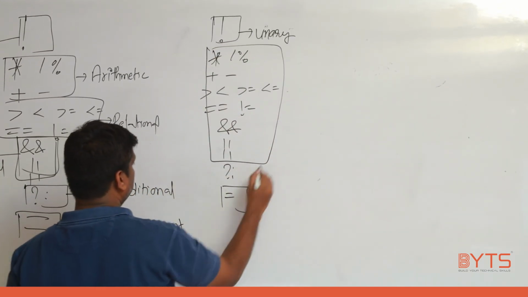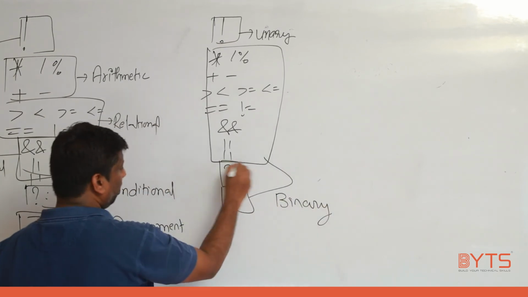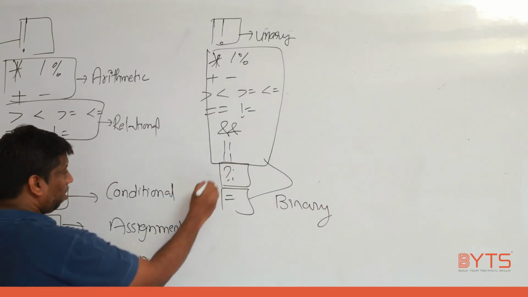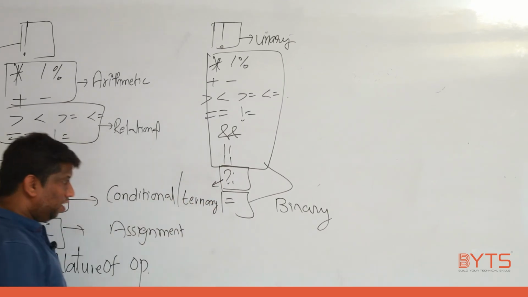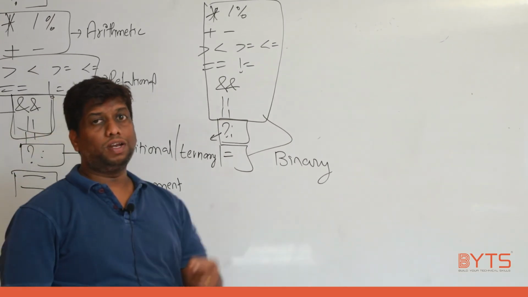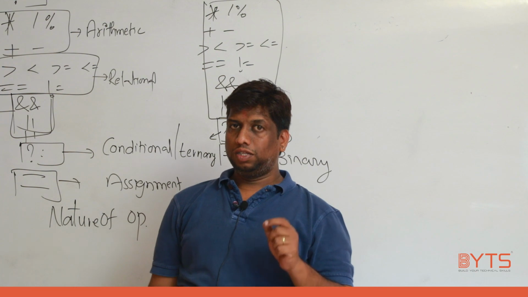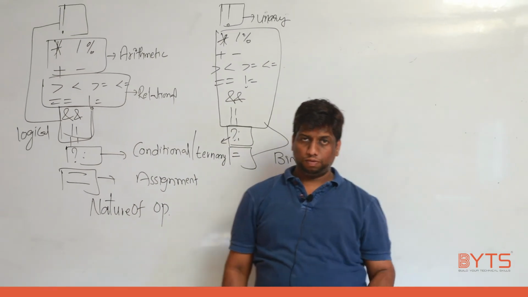Two. That is the reason these are called binary. And this will take how many? Three. That is the reason this is called ternary. In C language, the conditional operator is the only operator which takes 3 arguments. That is the reason the other name of conditional operator is ternary operator.